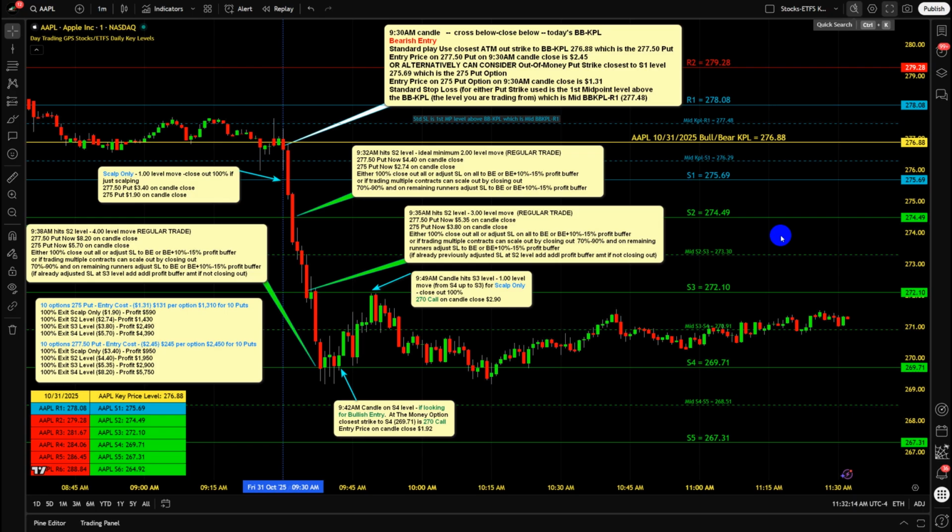This indicator does allow you to have up to 10 levels above and 10 levels below. While on most of your large cap, mega cap stocks you're typically not going to see days with 10 level moves, they may happen every now and then on those types of stocks.